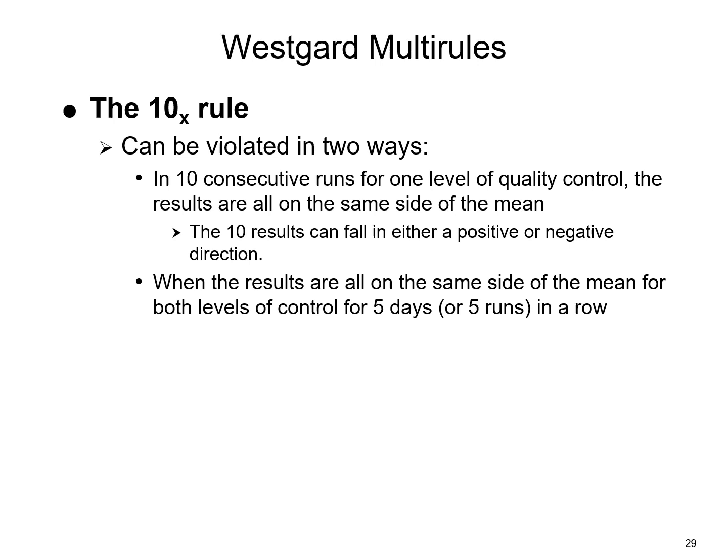The other way you can look at it is to look at both levels, the normal and the abnormal, to determine if for each of those you have 5 consecutive runs back to back, or 5 days, 5 shifts, in which those controls run on the same side of that mean.